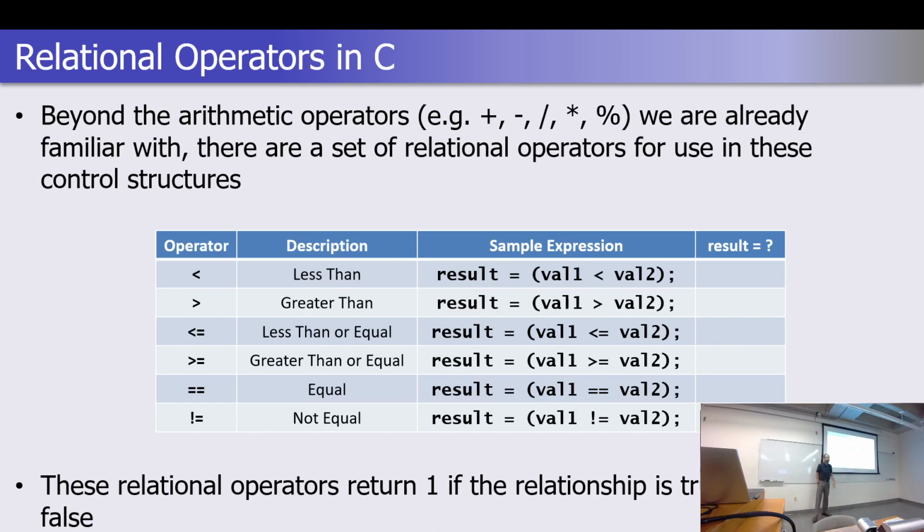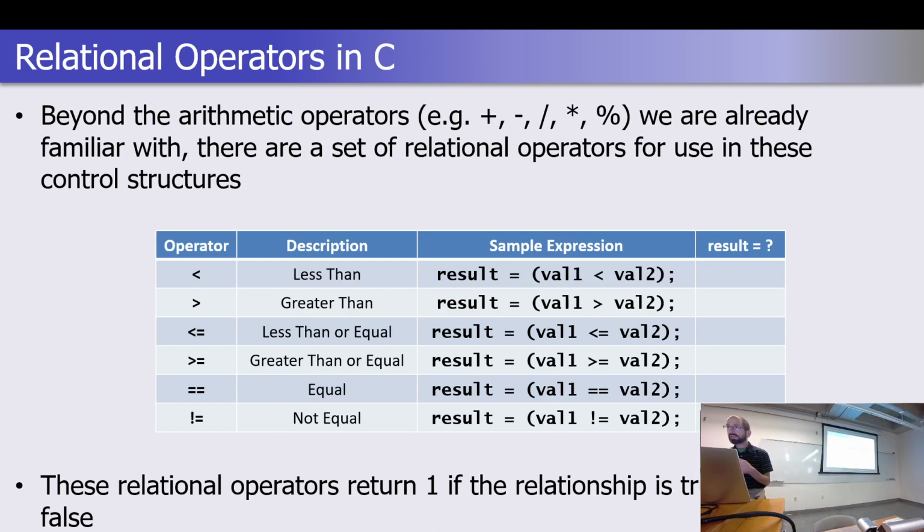Other languages use a slightly different looking operator for not equal. And if you're switching between a lot of different programming languages for a project, you may have to double check which one is not equal because it'll be different depending on the language you're using. But by and large, this is something that is supported in all programming languages. Those operators return 1 if the relationship is true, and they return 0 if it's false.